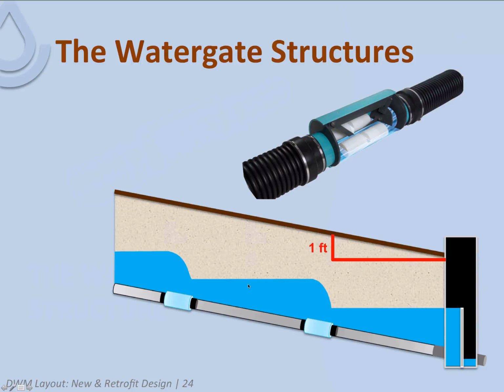And then that translates up to the next Watergate structure upstream, and it sees that water level, and again adds another foot of head to it. So it's important to keep in mind that for this particular structure, the elevation interval for the zone cannot be greater than 1 foot.